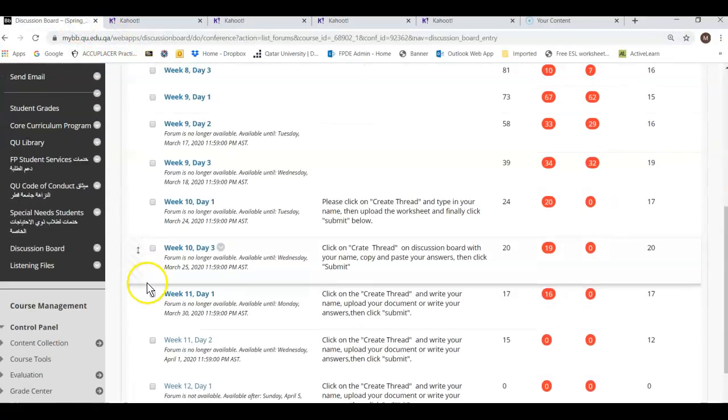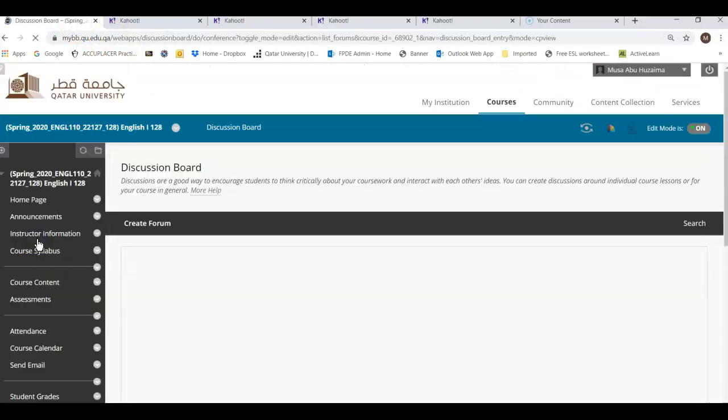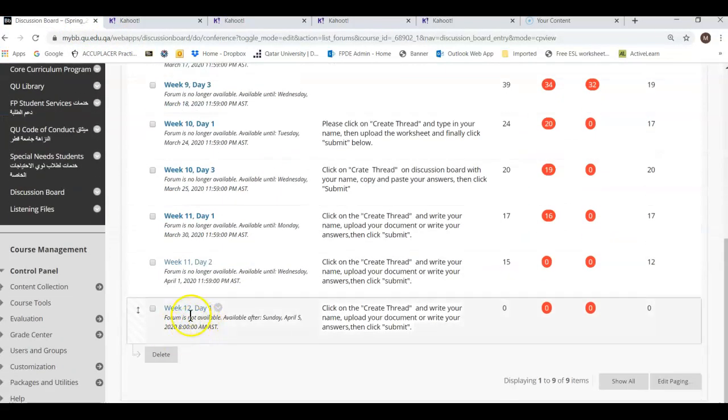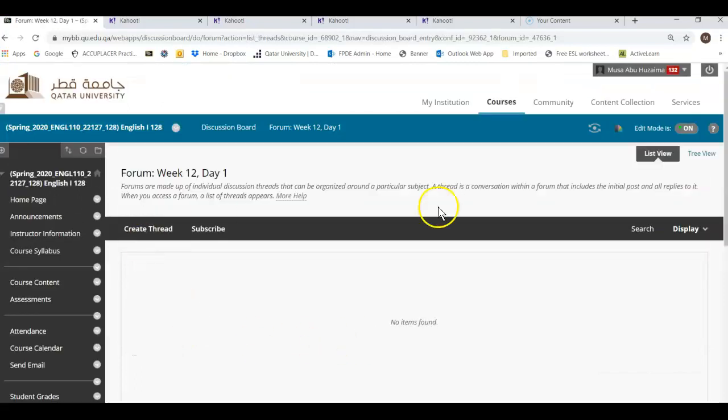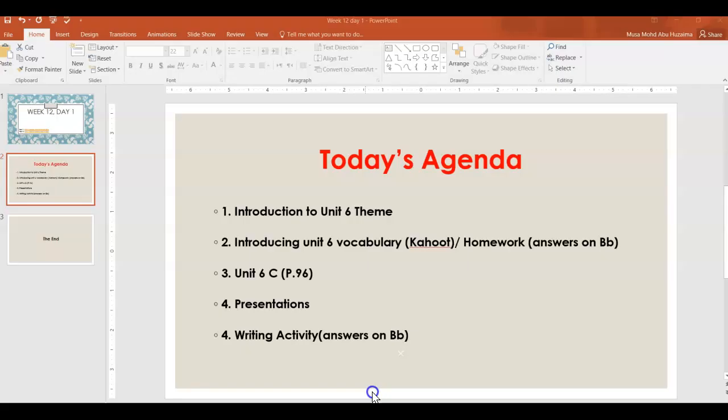Discussion board here under discussion board, week 12 day 1. It's like usually create thread, you put your name, then upload the document and click submit. Okay, so now we are done with part 2.